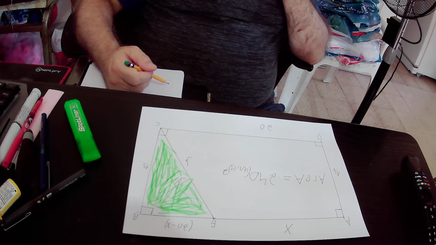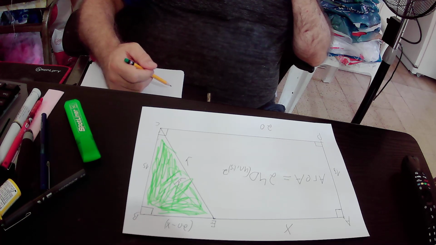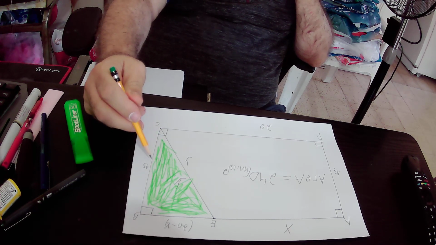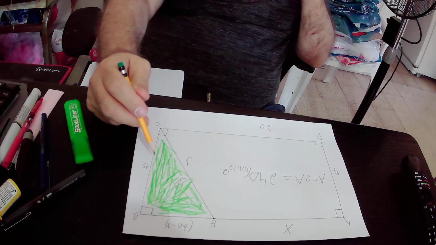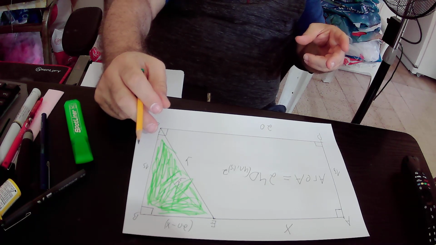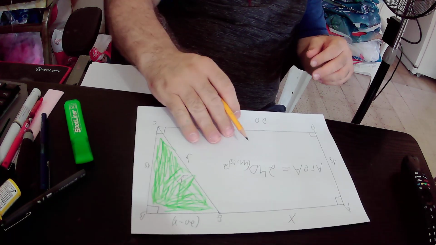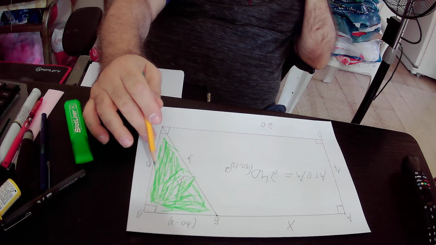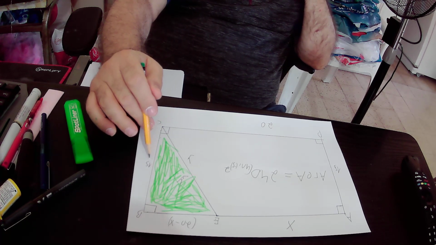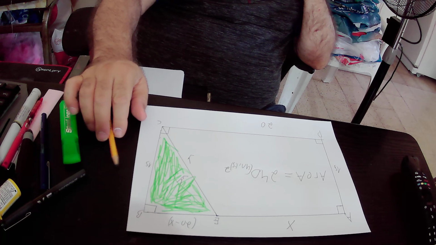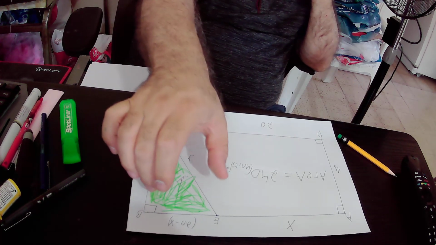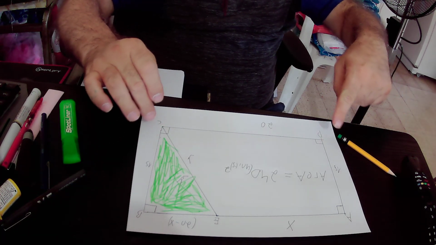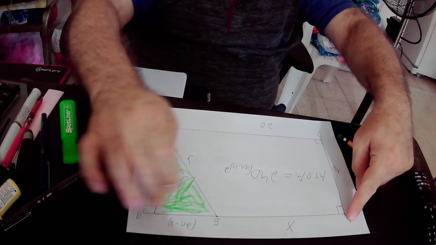Okay, and actually we also know that side BC of the right green triangle equals 15 units, because of the fact that the parallel sides in a rectangle are equal to each other. So this side is 15 units, and so the parallel side will also be equal to 15 units, and the side EB of the green right triangle will be equal to the length of the rectangle minus x.